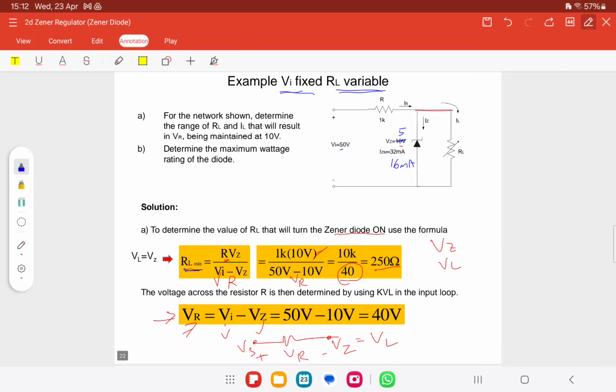Okay, first thing kena kira this one. Okay, VI tu we maintain. IZM pun kita jadikan 16. IZM 16. Kat situ dah nampak IZM, mesti dia tu memang mana?